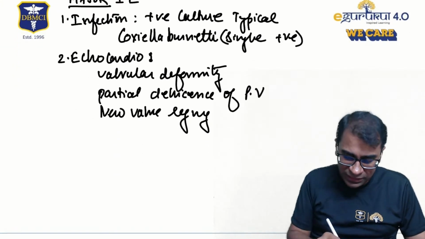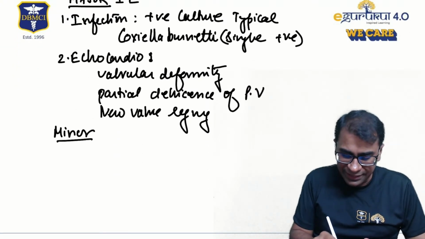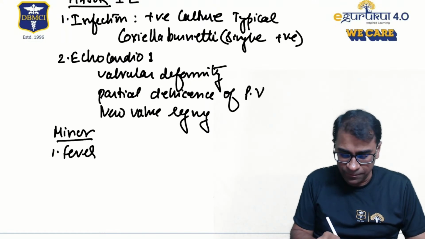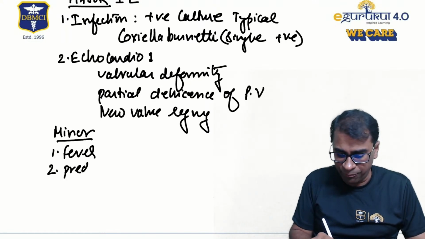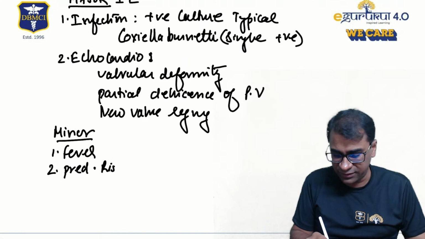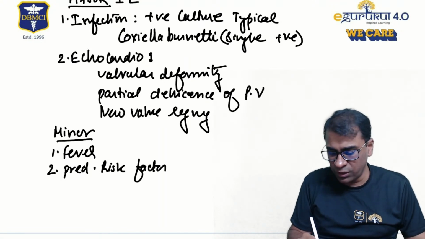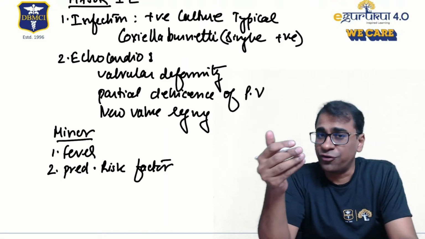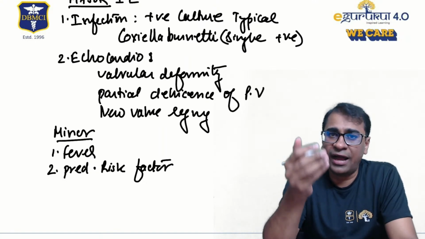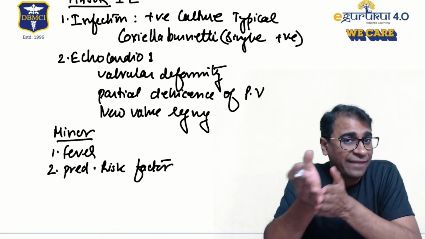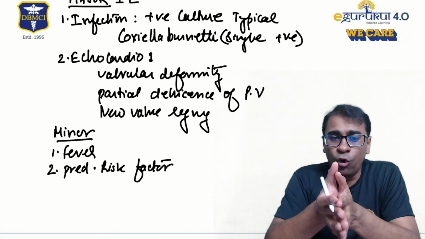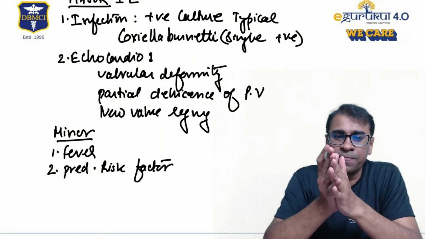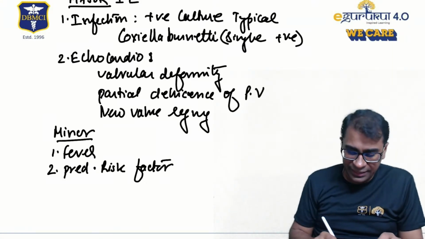Okay. Now, in the minor criteria, just remember, it can be number one, fever. It can be any type of predisposing risk factors. Risk factors would include either IV drug abusers. It can also be an IV catheter. It can be a dental procedure. All of those become a positive risk factor. Okay. It can be fever.